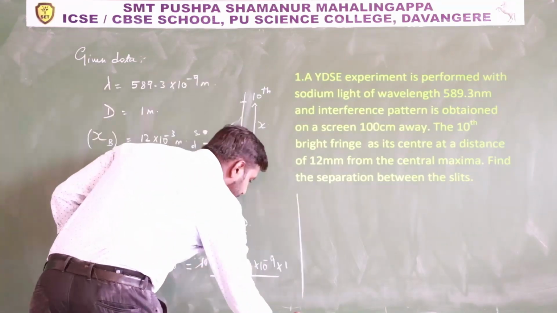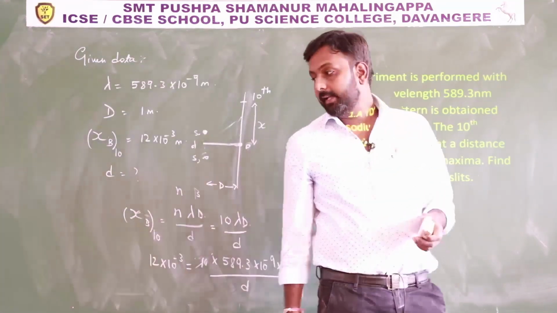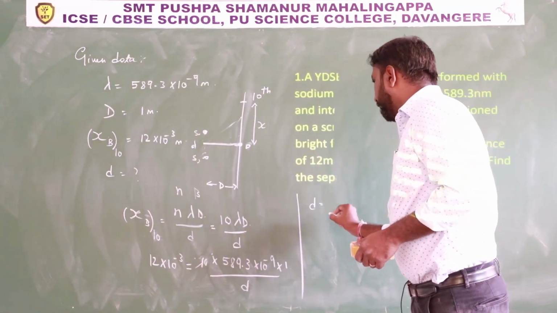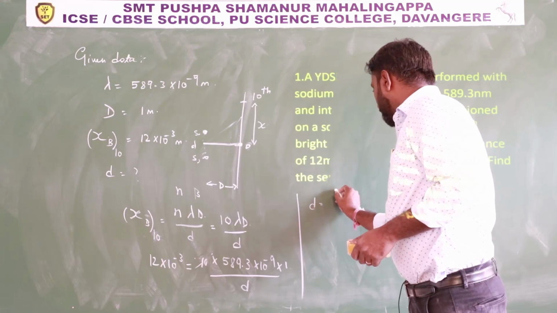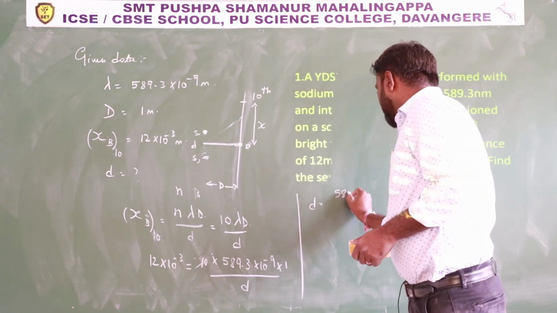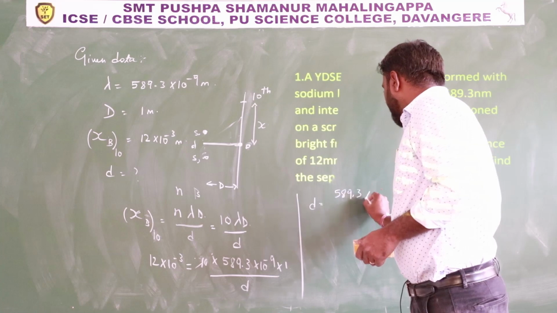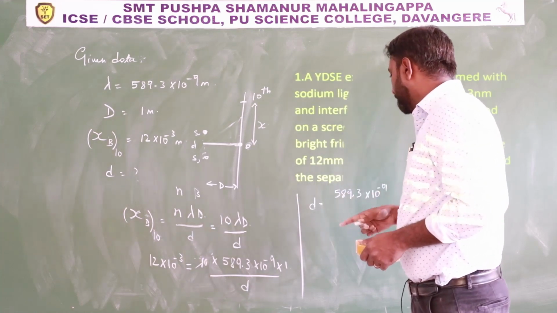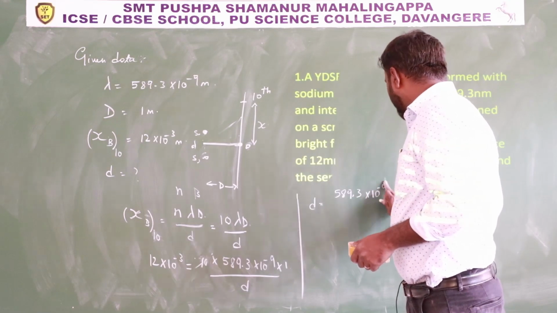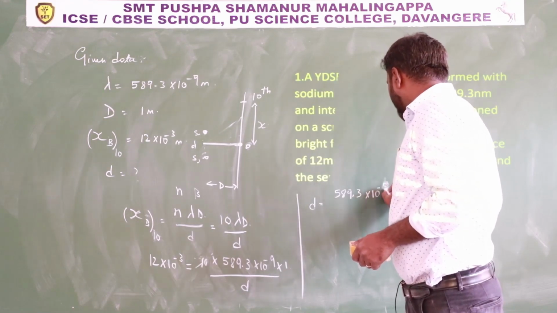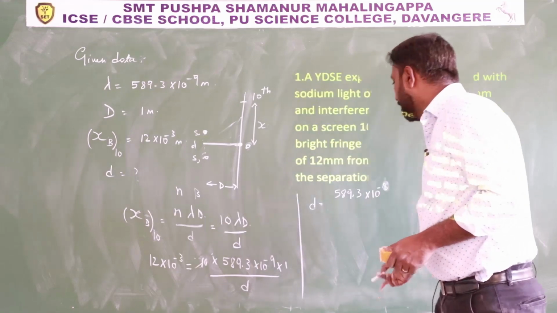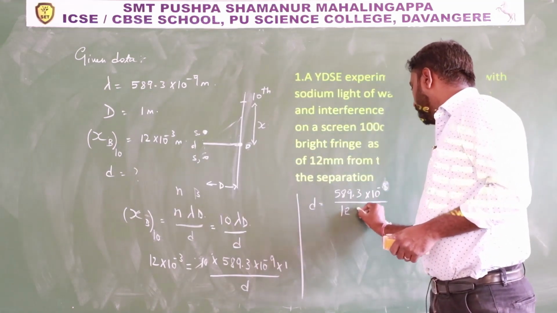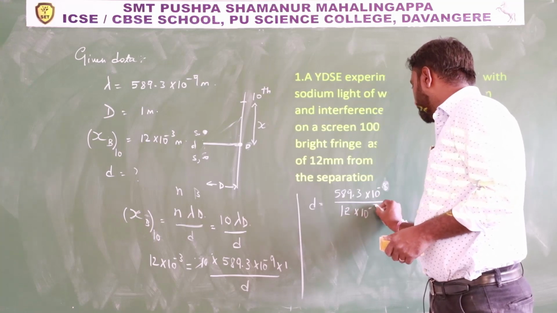I will write here: d equals 589.3 into 10 to the power minus 9. The 10 to the power minus 9 you can write as 10 to the power minus 8, so I removed the 10, divided by 12 into 10 to the power minus 3.